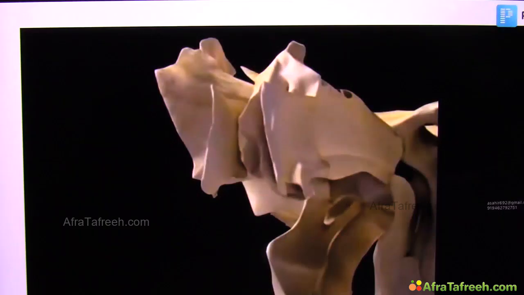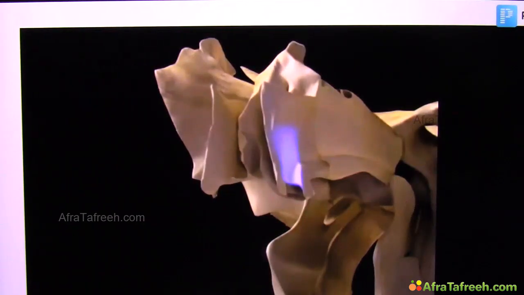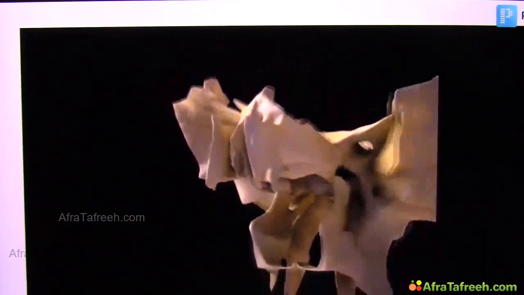On the lateral aspect of the lacrimal bone, the part which is facing the orbit, they have the lacrimal fossa. In the lacrimal fossa is present the lacrimal sac, and from here starts your nasolacrimal duct, which goes to the inferior meatus where it opens up. So these are the lacrimal bones. I have told you lacrimal bones are exclusive to the lateral wall.